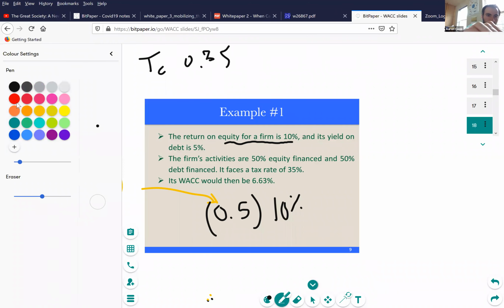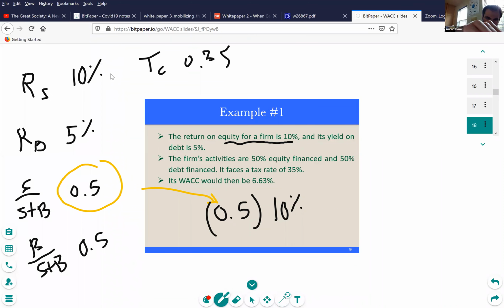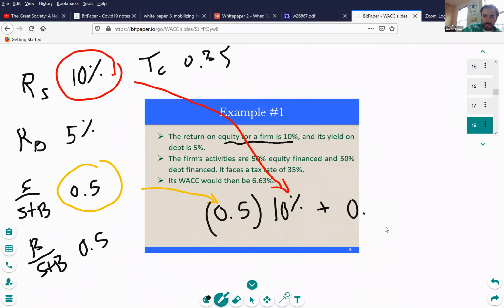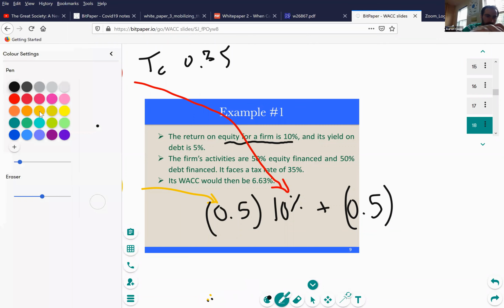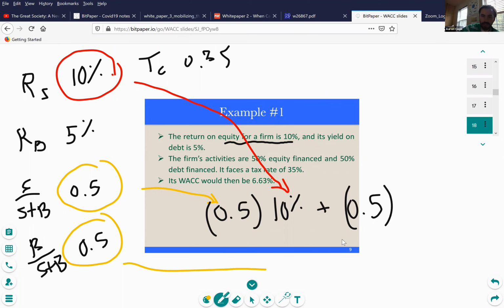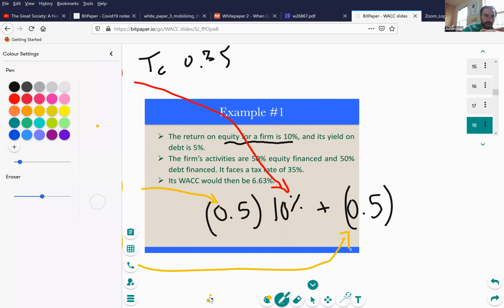So that would be this number going right there, plus the remaining share of the company's financing, which would be debt, which is the remaining half.